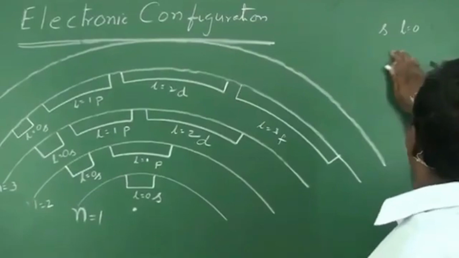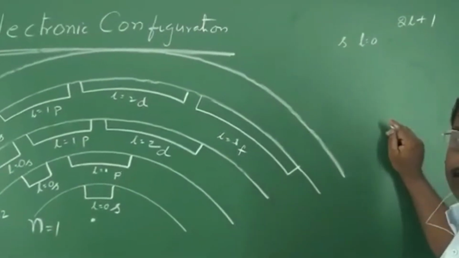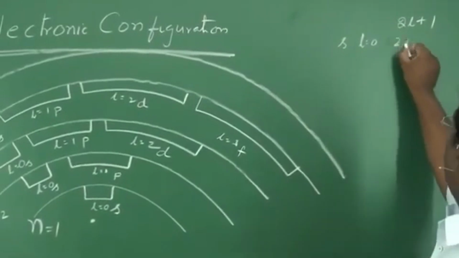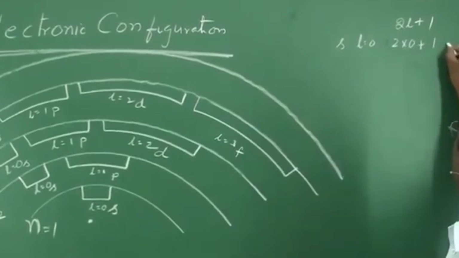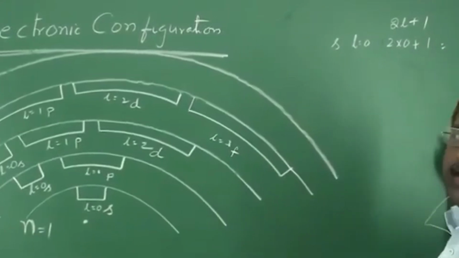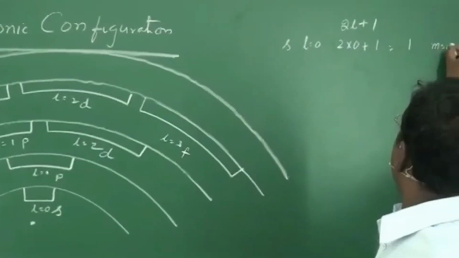So the number of orbitals present here is 2l plus 1, that is 2 into 0 plus 1, so only one orbital is there. Its value is denoted with m, and its m is equal to 0.